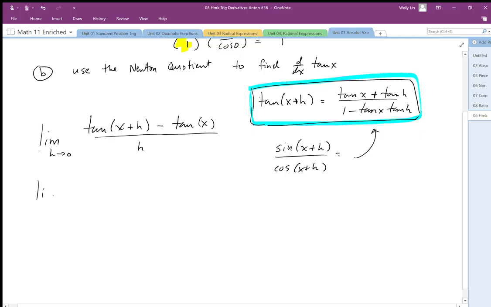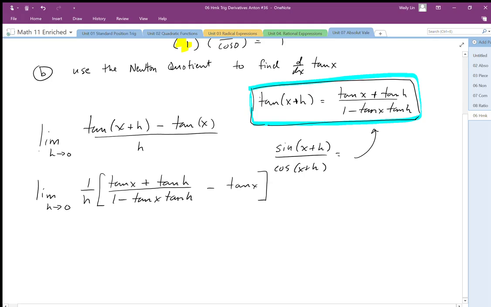So I'm going to apply the limit as h goes to 0, and write in that identity. I want to put the 1 over h to the side so that I can get it out of the way. I'm going to replace the tan of x plus h with tan x plus tan h over 1 minus tan x tan h, and then minus tan x.